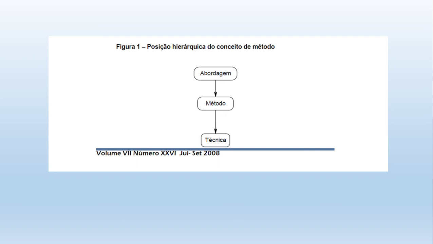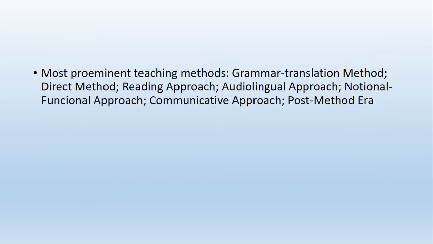So before that, a lot of, say, approaches were simply called methods. So I'm going to use here the way they were called in literature, okay? But you have to keep in mind when you say approaches and methods and also techniques, what scholars mean by approach, method, and technique.